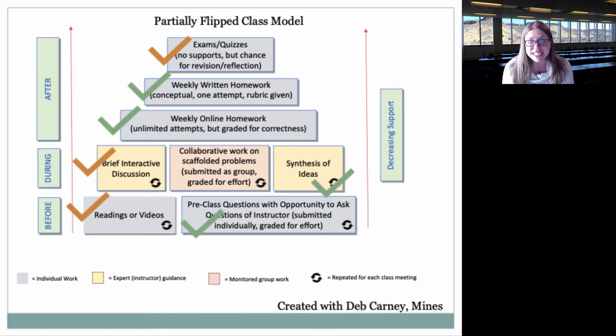The synthesis of ideas was pretty much the same. The homework was pretty much the same. Regarding exams, we still had exams, but we wanted to take advantage of best practices and reduce the temptation for misconduct by lowering the stakes. So pre-pandemic, we had 3 exams and a final that made up 80% of the course grade.